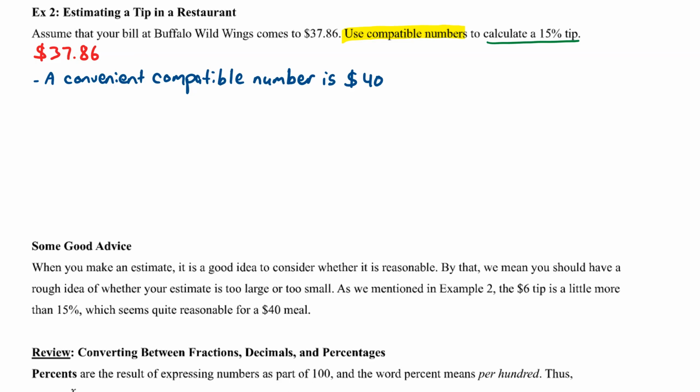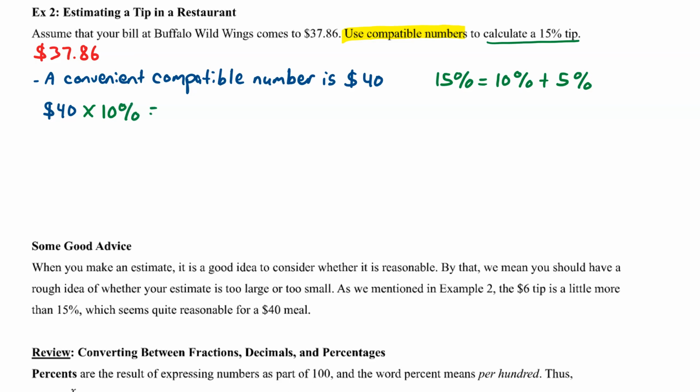So if we are trying to calculate our tip, we would look at taking that $40 and we could split that 15% tip into 10% and 5%. Then we could perform those calculations and think about, well, what's 40 times 10%?